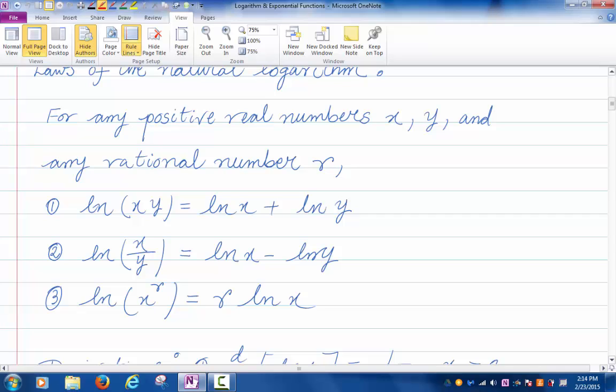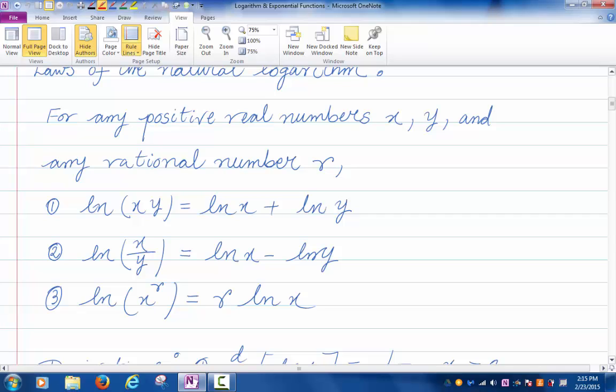Well, I haven't given you a meaning of x to the r when r is irrational, right? At this stage of development, I don't know what it means to raise x to an irrational exponent. That's why number 3 works for rational exponents only at this stage, but later on we're going to change that. So ln of x to the r is r ln of x.